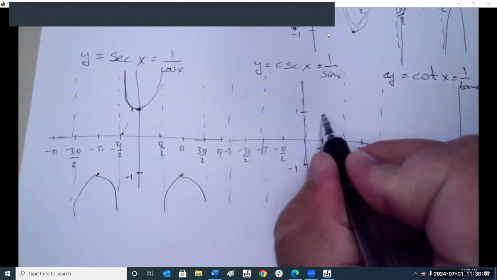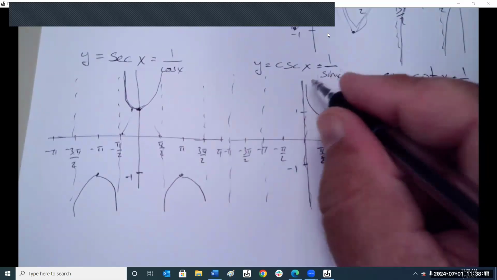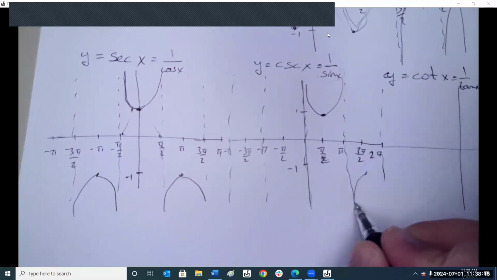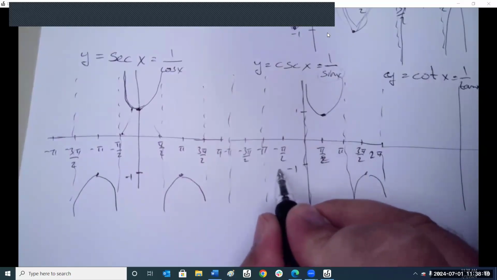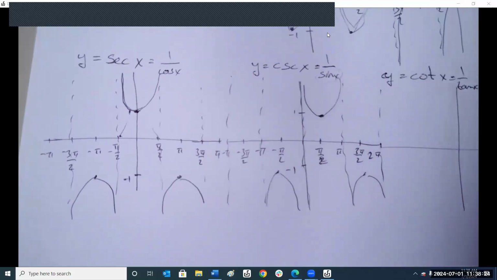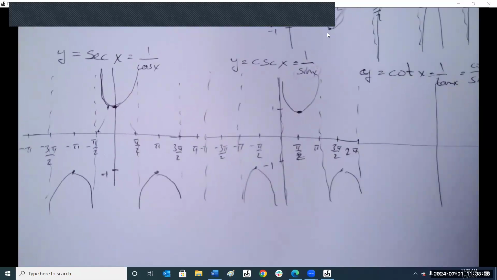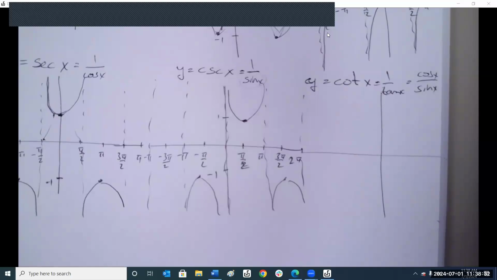And since the sine function has a 1 there, it's reciprocated from that point. And from -1, it goes the other way. Again, you all should know these because you took trigonometry not too long ago.